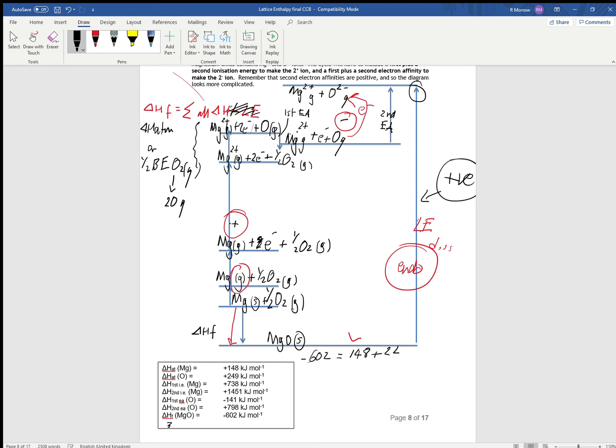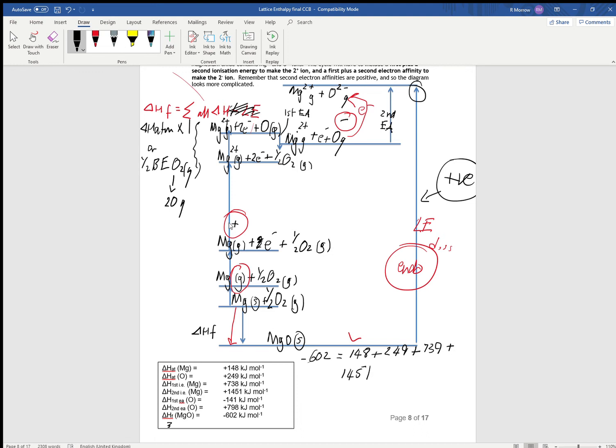So they haven't given me bond enthalpy. They've given me enthalpy of atomization, and I'm multiplying that by 1. First and second ionization energy of magnesium is 739 plus my 1451.